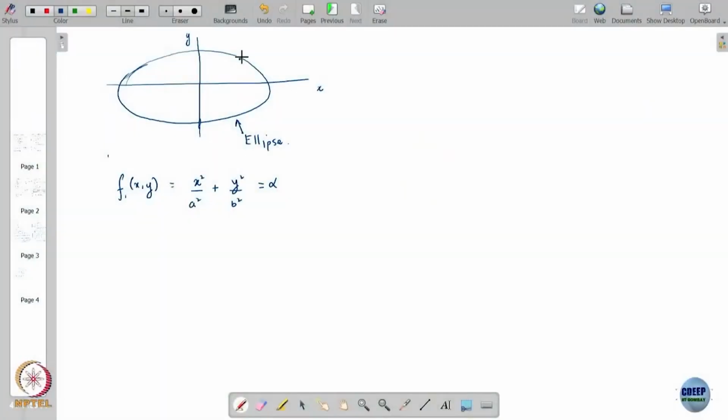So what I mean by that is, suppose you take a point x comma y here. I will look at the corresponding points: x comma minus y, minus x comma minus y, and minus x comma y.